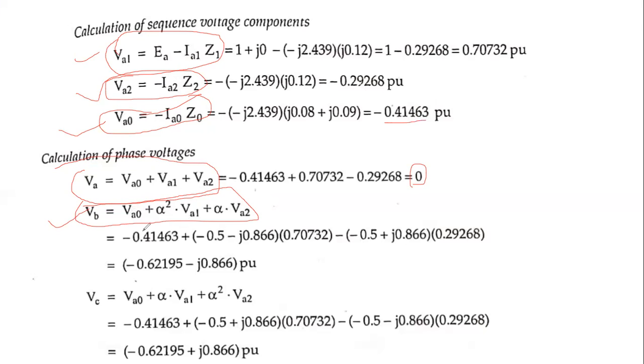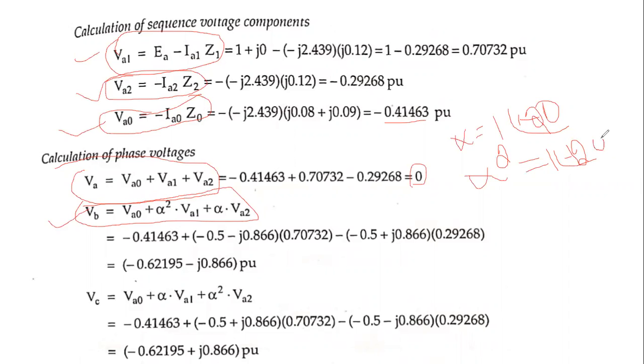What is the alpha square value? Normally alpha is equal to 1 at an angle of 120 degrees, and alpha square is equal to 1 at an angle of 240, or minus 120 degrees.